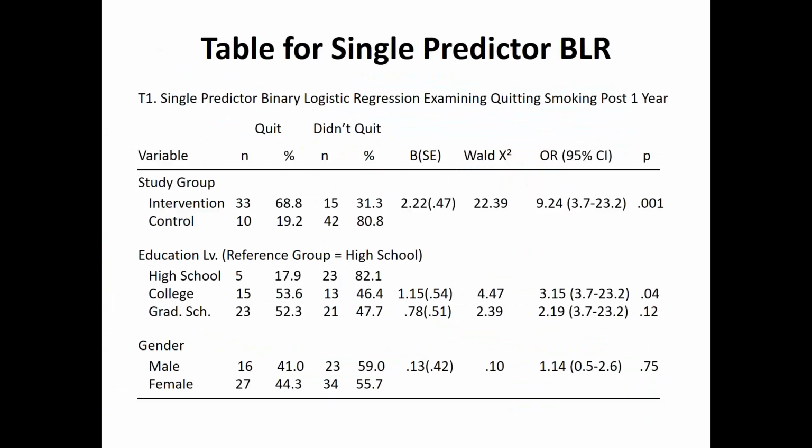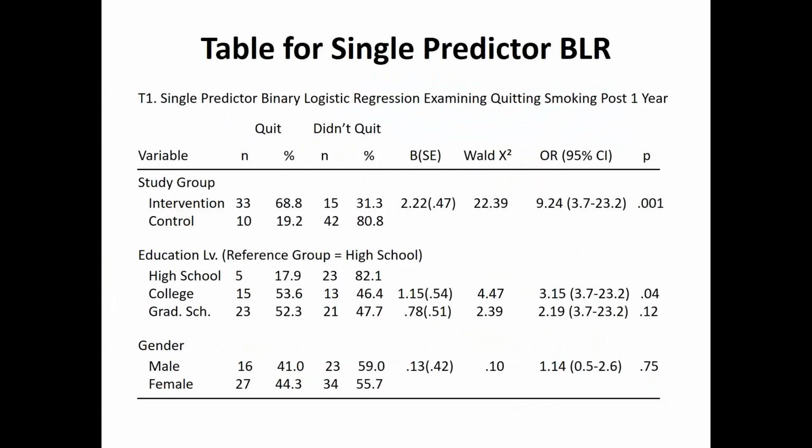So we'd have a t-test table, we'd have a chi-square table, then we'd have a binary logistic regression table for the full model. But this way, they all sort of work in tandem because here we have the exact same values that we're going to have in the full multiple logistic regression. We can see how they change all together, but we can also observe what they look like all by themselves.